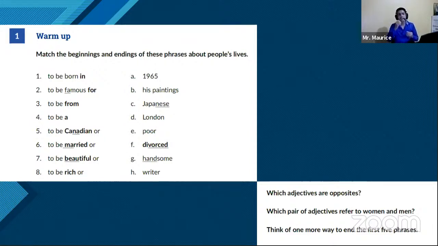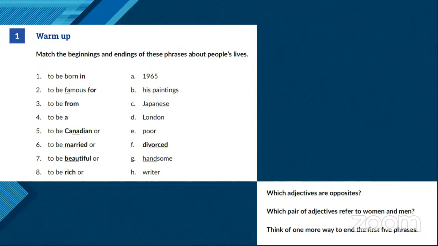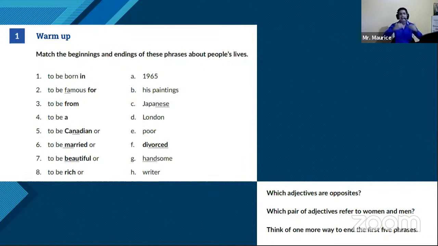She is beautiful. Cuando nos referimos a belleza. Por otro lado, tenemos el adjetivo handsome. Y este es utilizado para hombres masculinos. He is handsome. Handsome es apuesto, guapo. That's correct. And now, let me see another students.